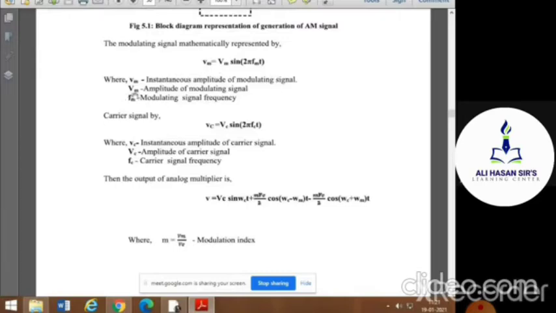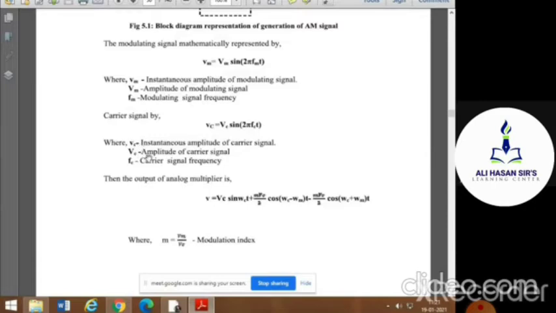In the same way, we have the mathematical expression for the carrier signal, which is given as vc equal to Vc sine 2 pi Fc t, where small vc is the instantaneous amplitude of the carrier signal, capital Vc is the amplitude of the carrier signal, and Fc is the carrier signal frequency.